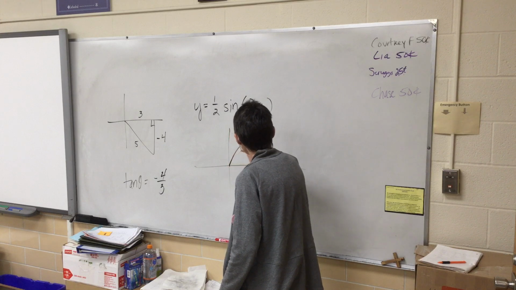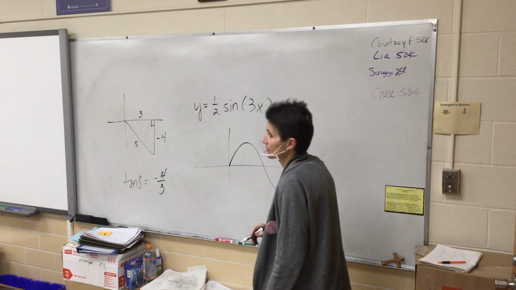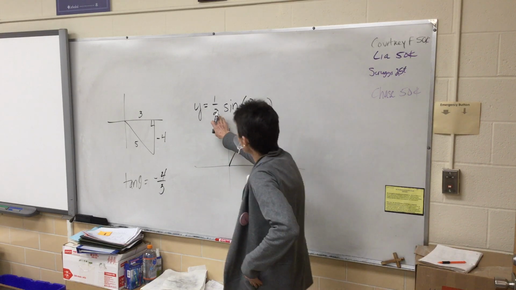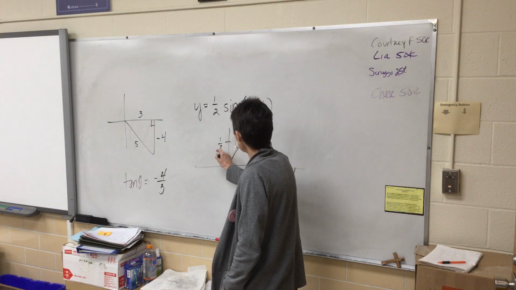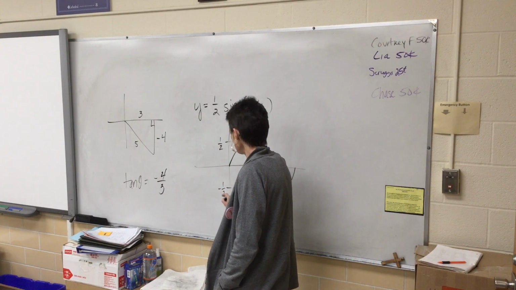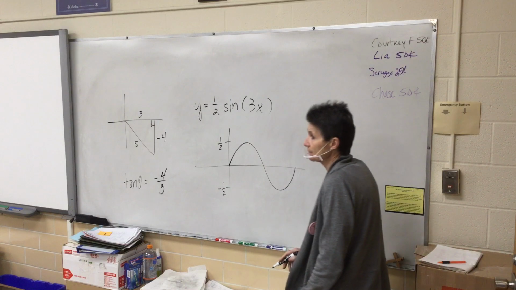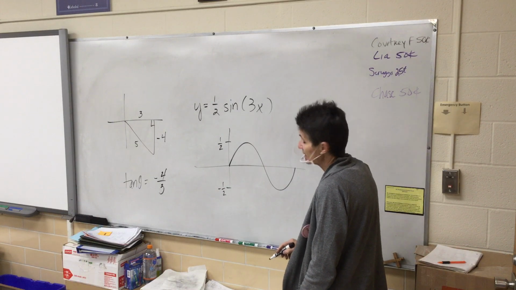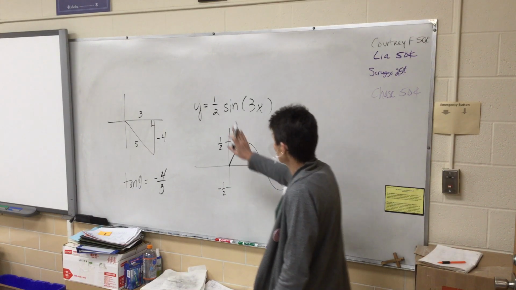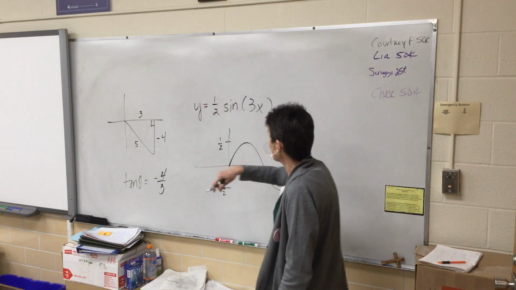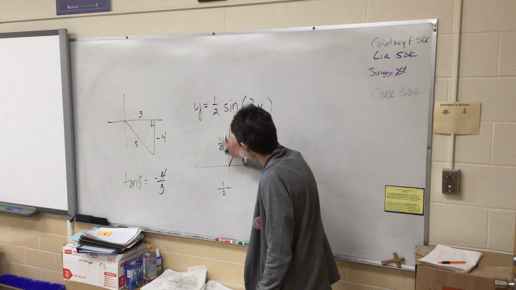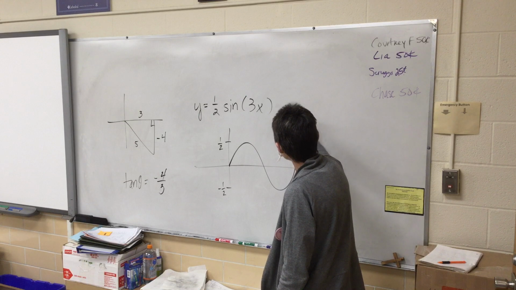I know a sine starts at the origin, looks like this. That number out in front gives me my vertical labels. It gives me the amplitude of the sine and the cosine. Remember, tangents have no amplitude, so if there's a number in front of a tangent, I ignore it. But on a sine or cosine, that gives me the height. So my amplitude is 1/2.